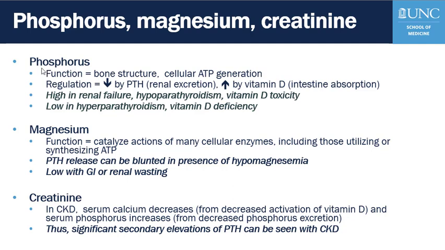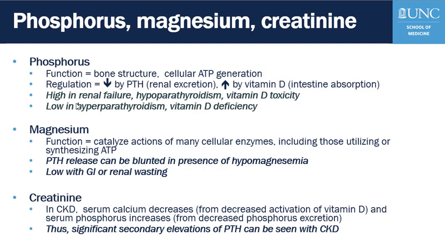So starting with phosphorus, its function consists of being a structural component of bone and also being key in cellular ATP generation. We've already discussed its regulation. It's decreased by PTH via renal excretion and increased by vitamin D via absorption in the intestine.